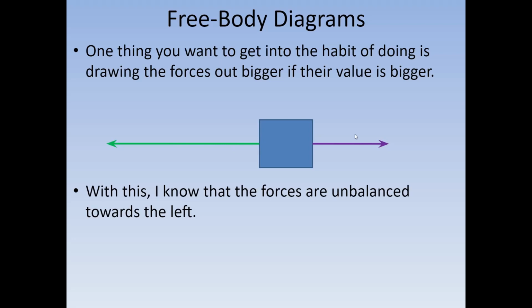Not in the sense that one arrow is 3 times bigger than another, but if there are two arrows that you know for a fact are equal to each other, then you want to make sure they're the same number of boxes long. If you have one arrow that's 2 boxes long, then the other arrow should also be 2 boxes long to reflect that they're equal in value.